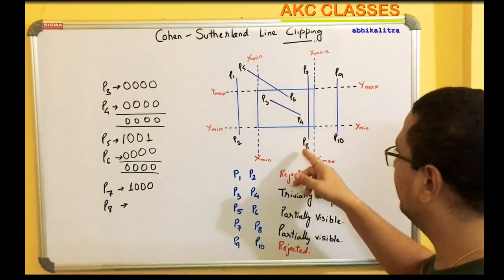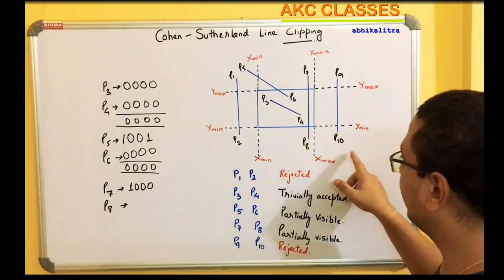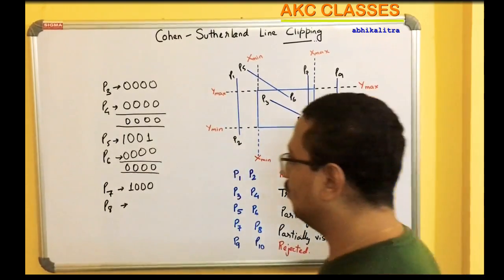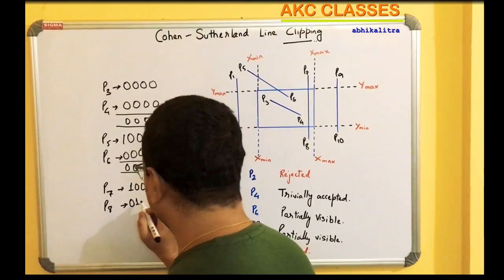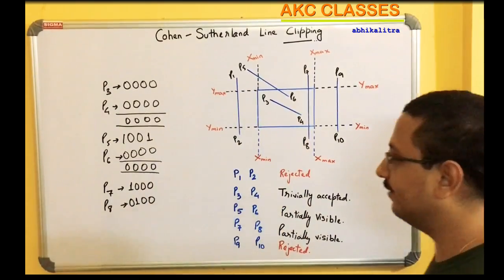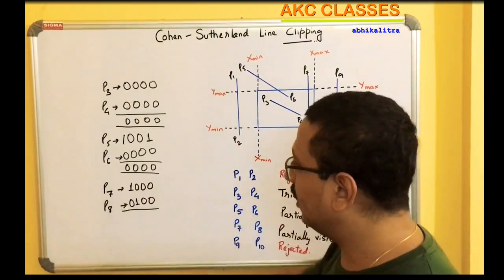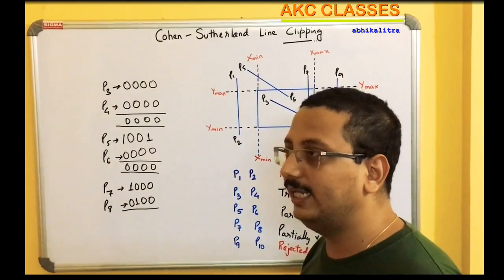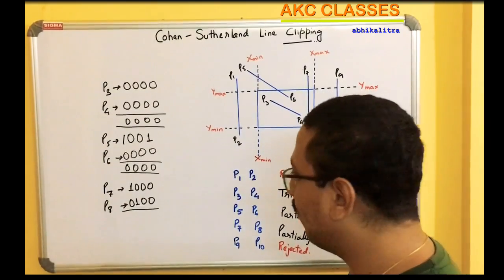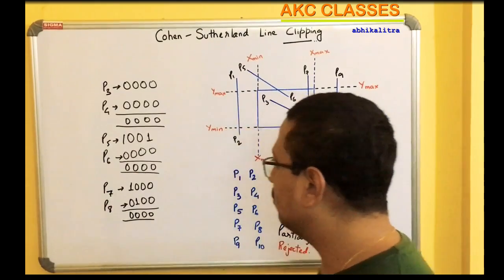Now for P8, greater than y max, no; less than y min, yes; greater than x max, no; less than x min, no. So it is only having 1 in the second bit and all others are zeros, right? And if I perform a logical AND operation, since there are no columns having a 1 in both the region outcodes of the two endpoints, the output of the logical AND is also zeros.